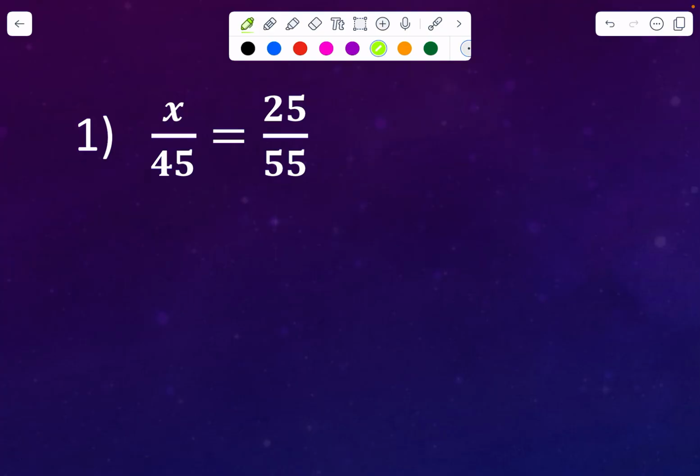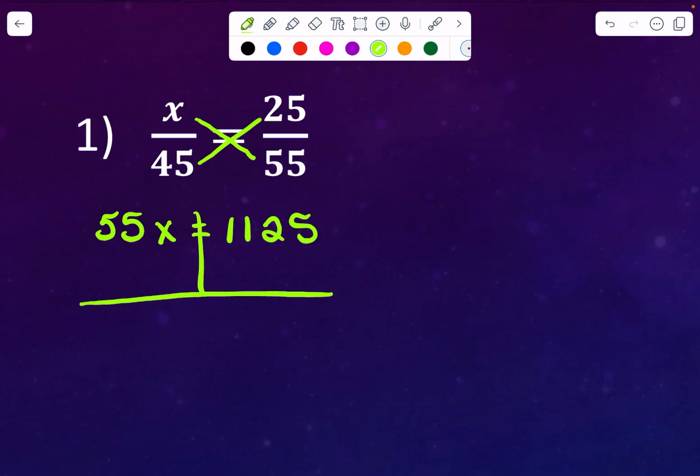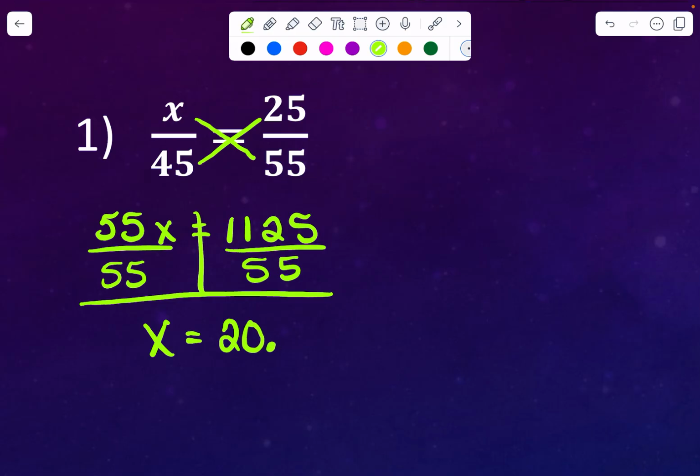So here we go. We're going to start off and cross multiply. I'm going to go 55 times x, which gives me 55x. Then I'm going to take 45 times 25, and that's going to give us 1,125. Now we solve this equation by dividing by 55 on both sides, and we end up with 20.454.